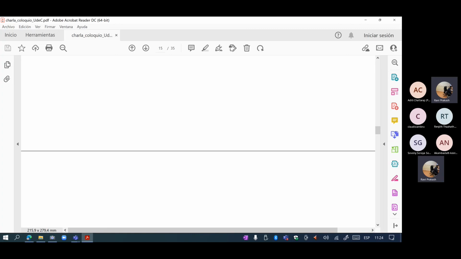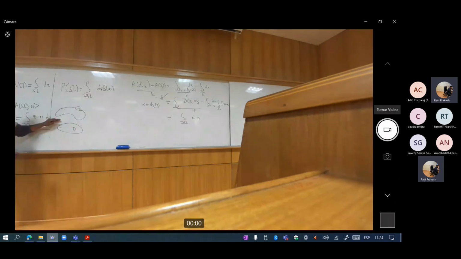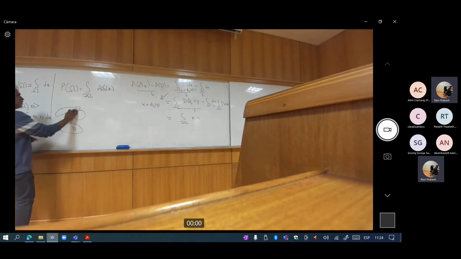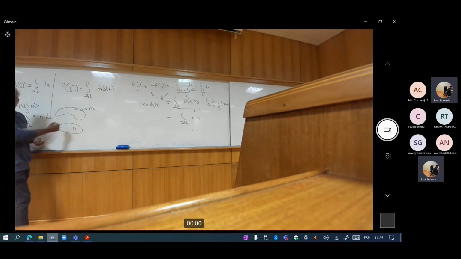I'm probably not going to give details of how you calculate the shape variations, but the idea is that given this domain, you may use a fixed domain D and then describe the boundary of omega, not omega, as a parametric surface. In this case, it will be the perimeter.